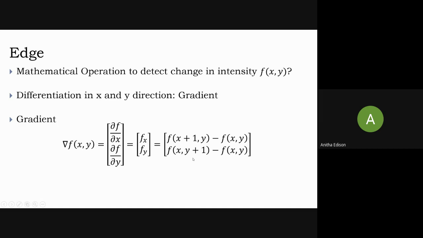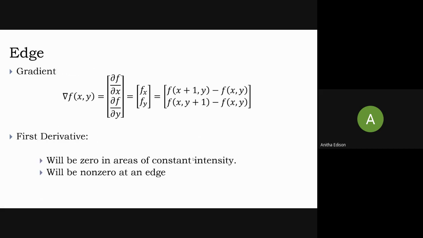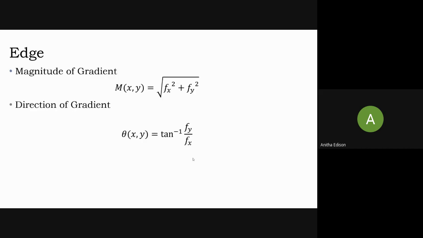So we can use this gradient operation to detect the edges, and this is the first derivative operation. The magnitude of this gradient can be taken to identify the location of the edges, and the direction of this gradient can be taken to identify in which direction there is change. Okay, so that is how an important feature called edges is obtained.